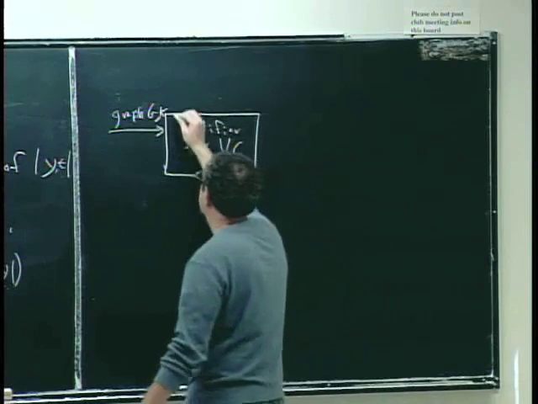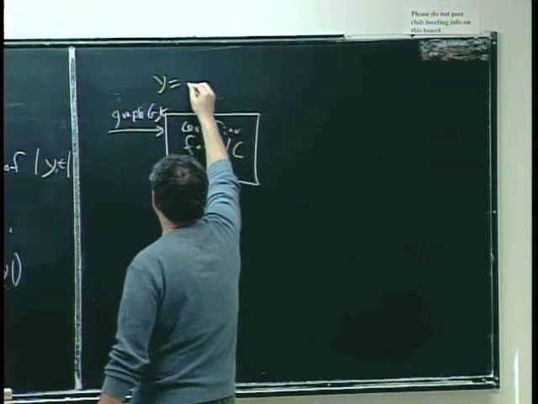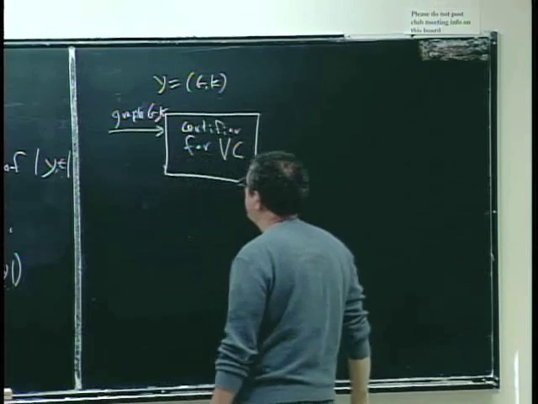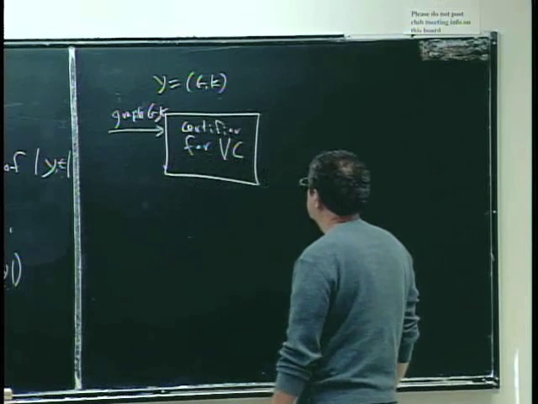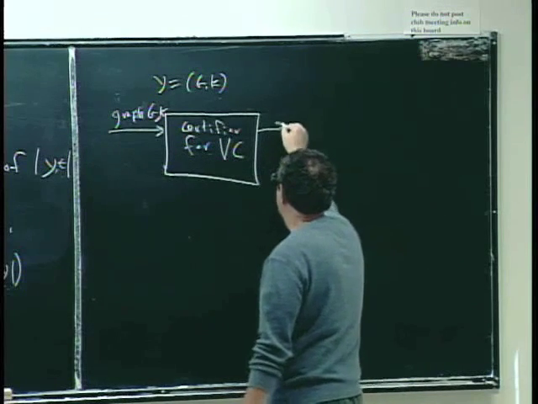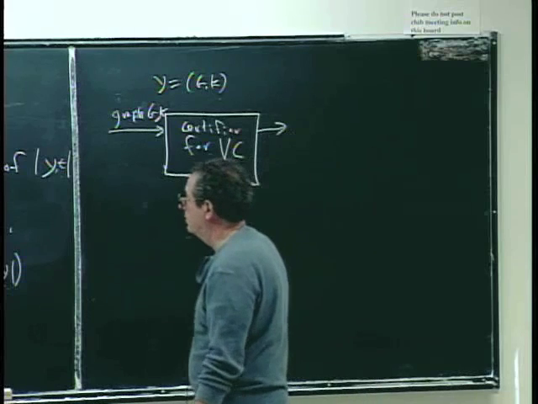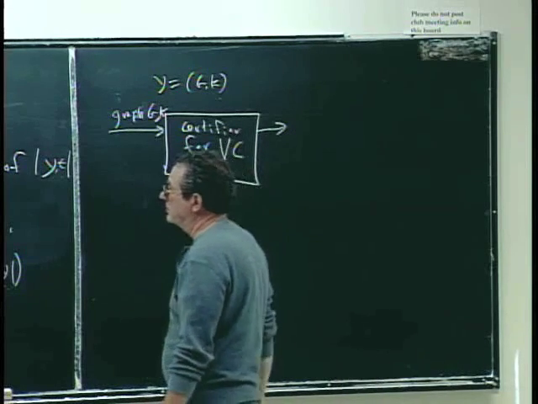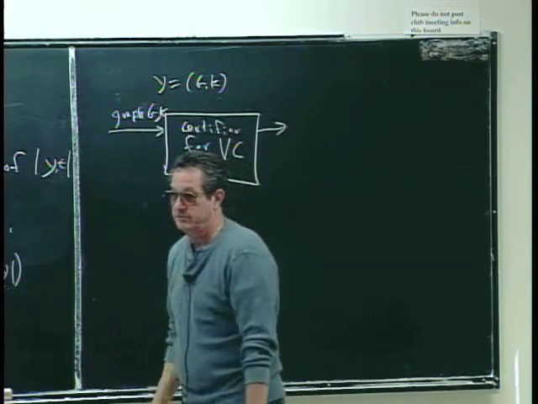So this is essentially, we're saying little y is equal to the graph and the target. Okay? And we want this algorithm to be an efficient certifier for vertex cover.